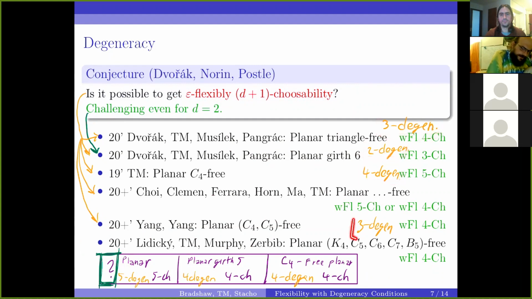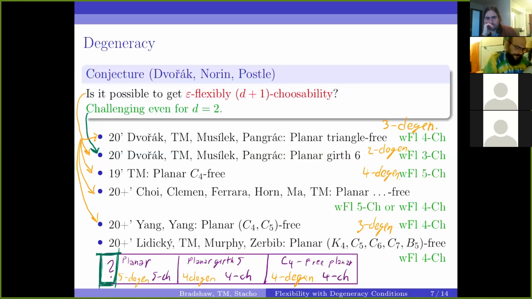You can see that if this conjecture is true, then those orange arrows point to the results that would be implied by the conjecture. And even for D equals 2, this would still imply some results that were not the most complicated ones, but still it was not for free to show it. So it might be difficult to show this in general.